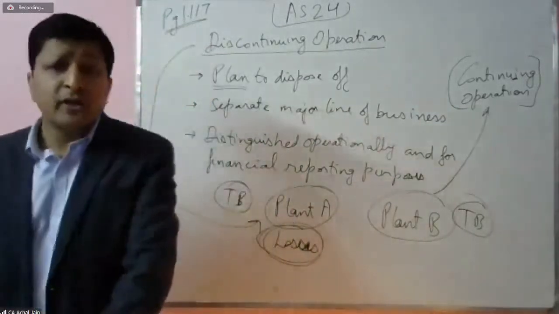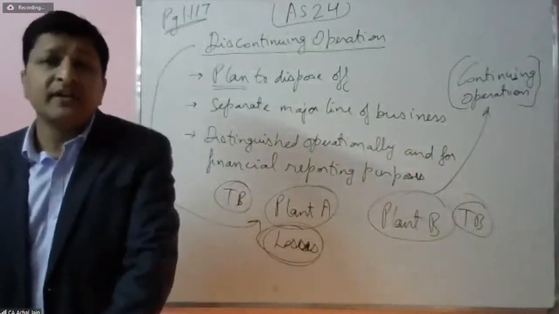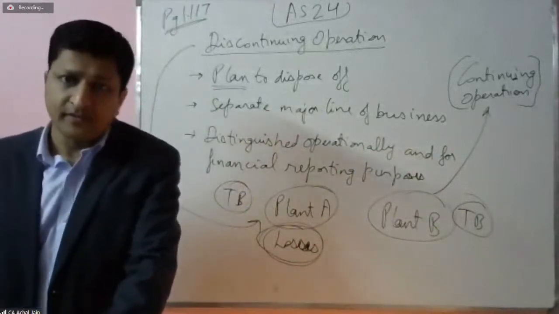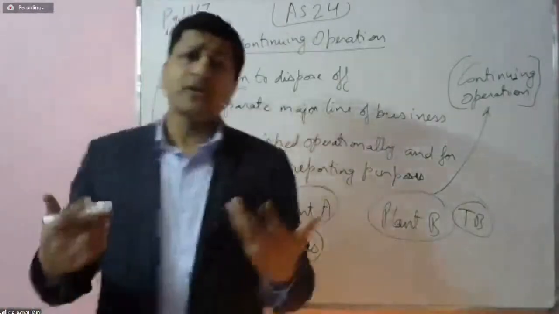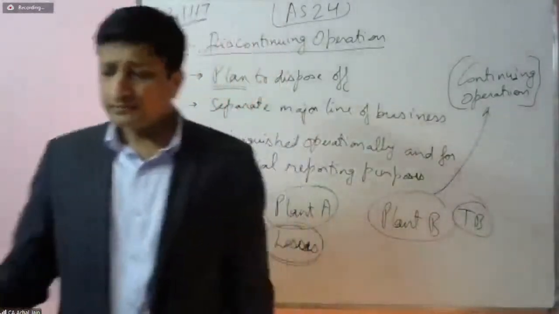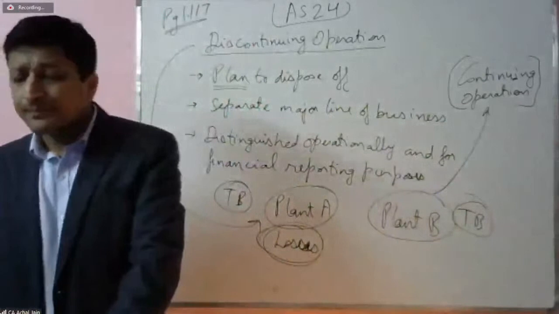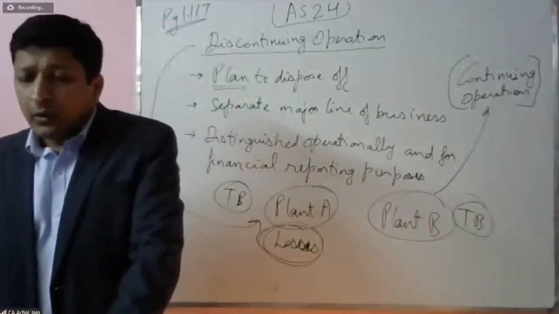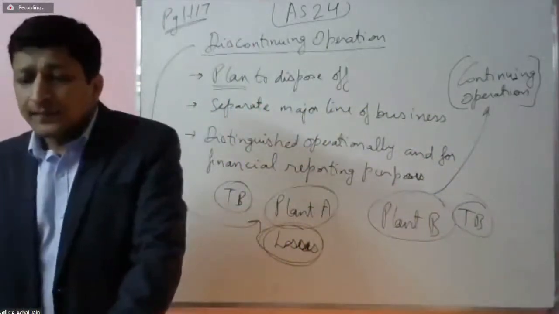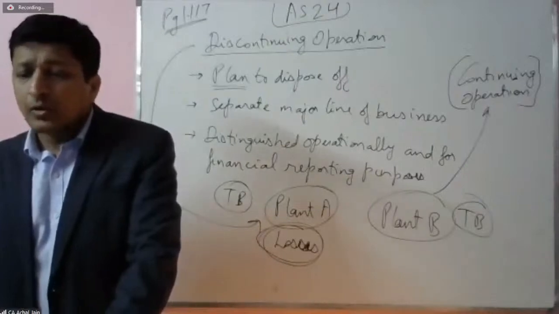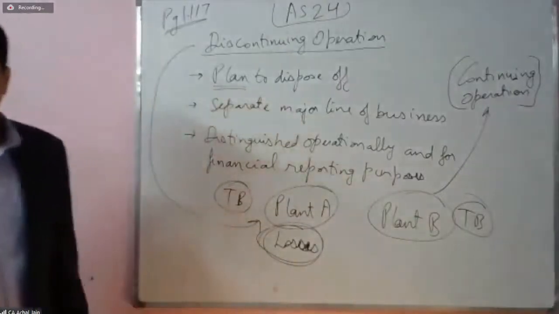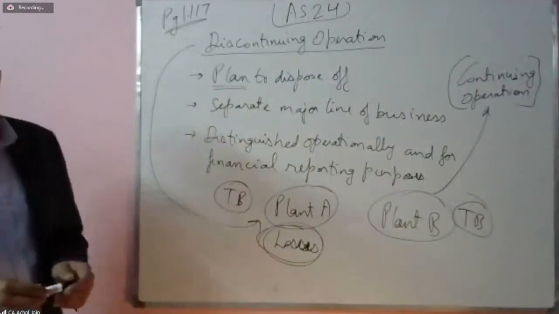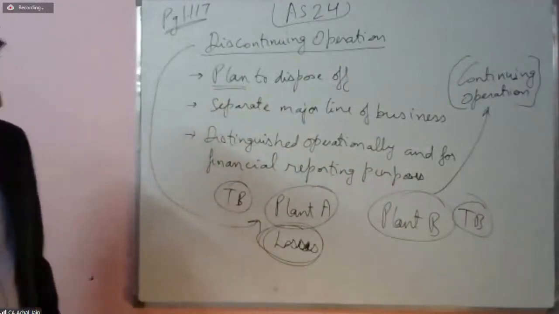And closure of a facility to achieve productivity improvements or other cost saving. So all of these will also become your examples of discontinuing operation. Now, as regards the discontinuing operations, this standard requires disclosure to be given in the financial statements.